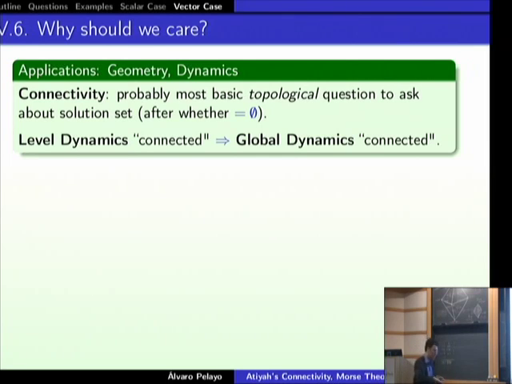So you knew before that the dynamics was connected on each fiber. Now, if you can prove using the methods I just explained that the intersection is connected, then you know that the union of everything is connected. So you can travel from level to level as you wish, just by passing through the intersection, which is the solution of all the equations simultaneously. So that's another application from the point of view of dynamics.